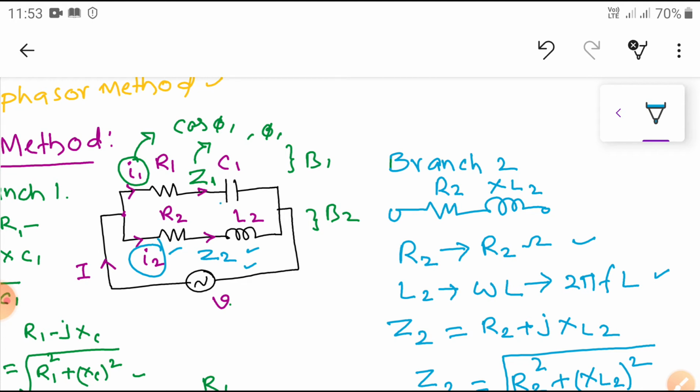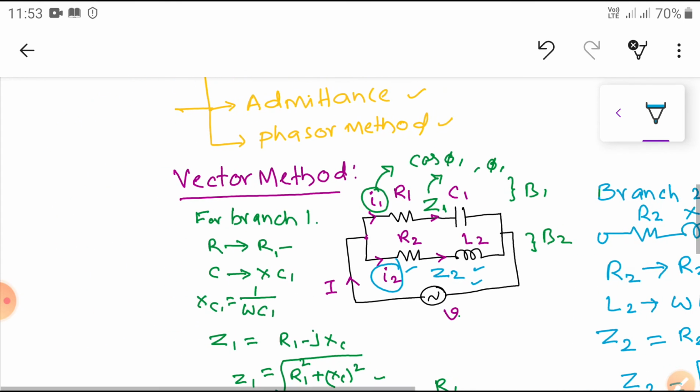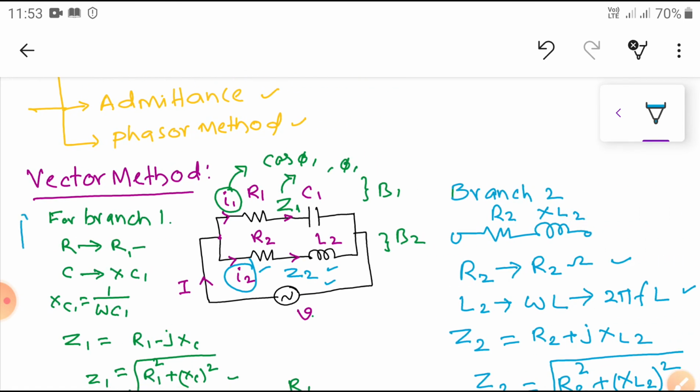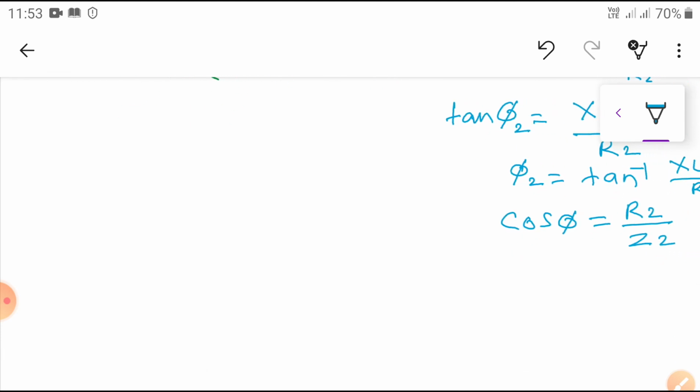Okay, step 1. What is this step 1? In step 1 we calculated all relevant values. What is the I? What is the phase angle? Okay, and what is the I2? What is the phase angle phi 2? So based on these values, here step 2, so we are going to do that.